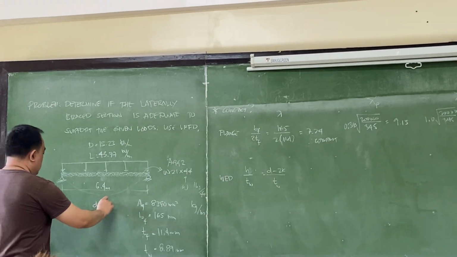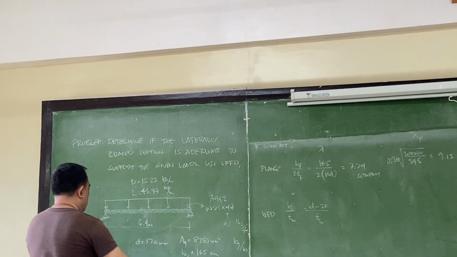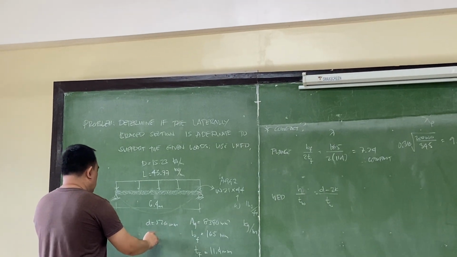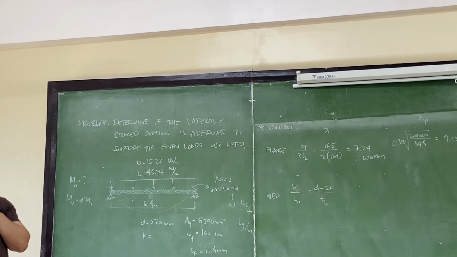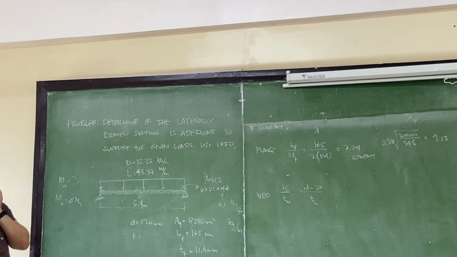d is 526. And then we have our k. The k value here is the design value, so we will not use that.